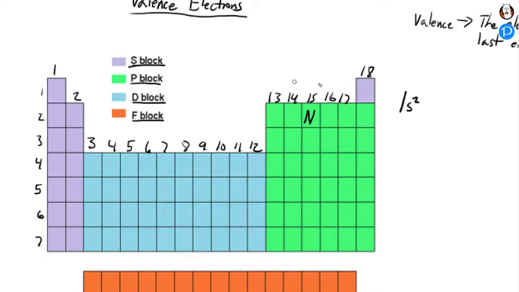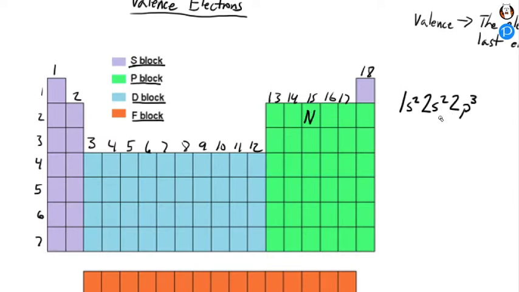That orbital is full. Then we go to the second energy level, 2s2, which is full as well. Then we go over to 2p, because we're now filling up the p orbitals in the p block: 2p3.